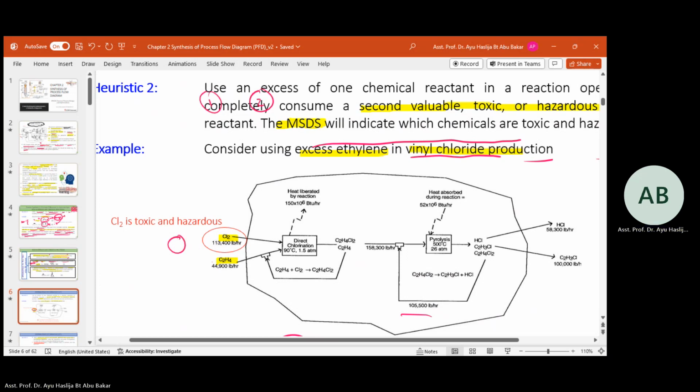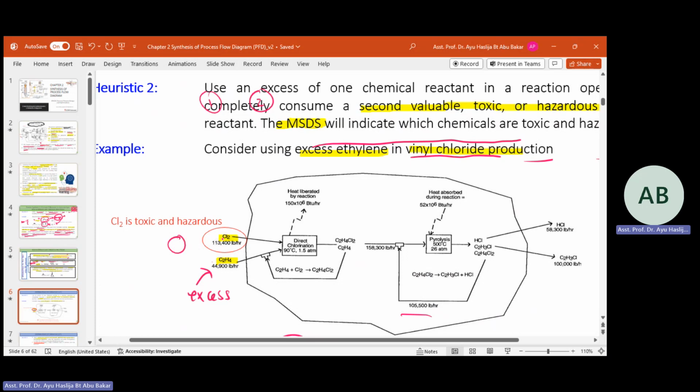Okay. What does heuristic 2 mean? Ethylene is supplied in excess so that it can consume the chlorine fully, completely. Why do we need the ethylene to consume the chlorine completely?